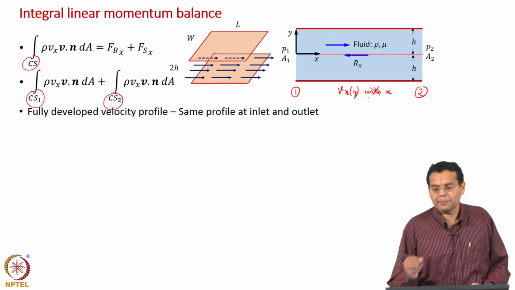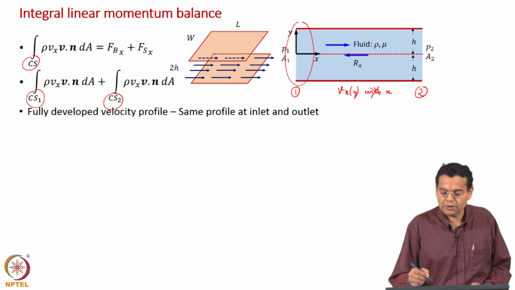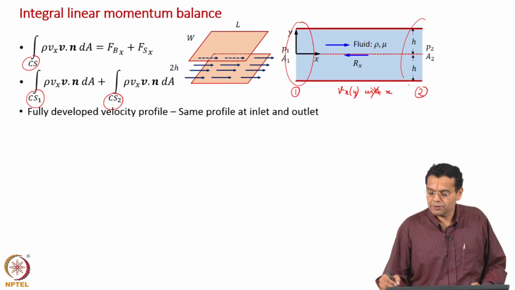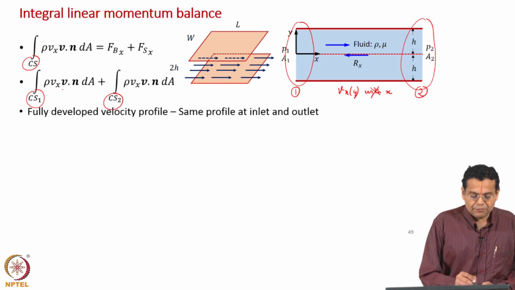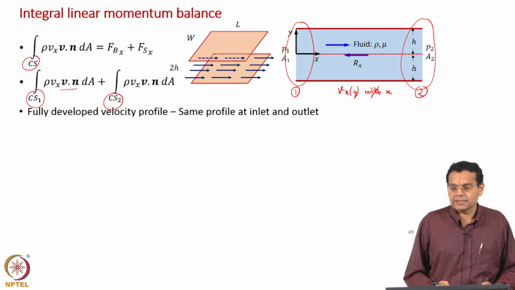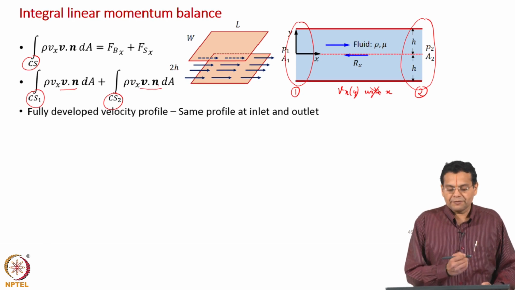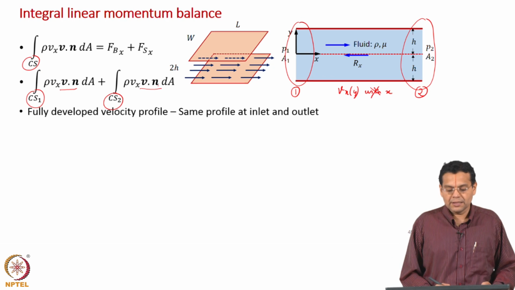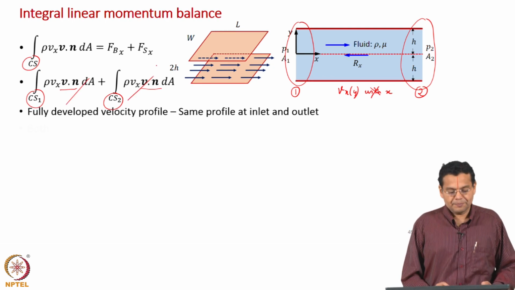Whatever velocity profile you have at section 1 is the same as the velocity profile at section 2, and for inflow V dot n is negative, for outflow V dot n is positive, and Vx is along the positive x axis, which means that these two terms will cancel each other.